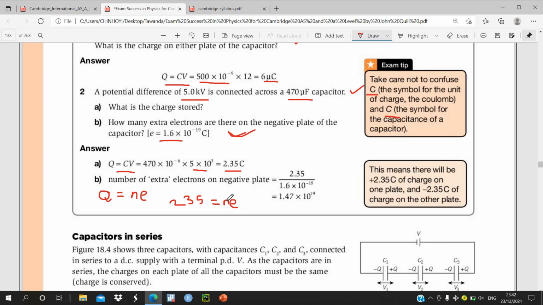So if you want to find the number of electrons, the number of electrons is equal to 2.35 over the e that we have here.